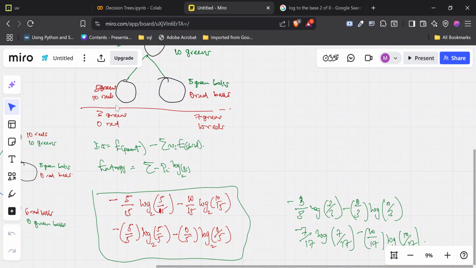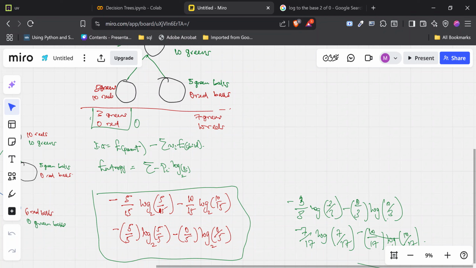All these places where we have a pure node. So this is what I mean. If we come to this place and we start filling in the values. So here, entropy for this is going to be 0.